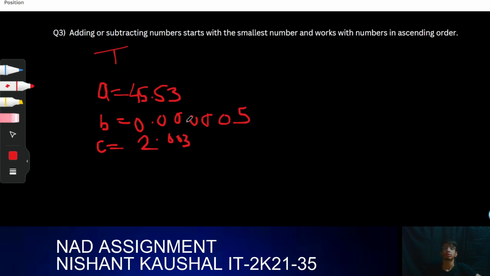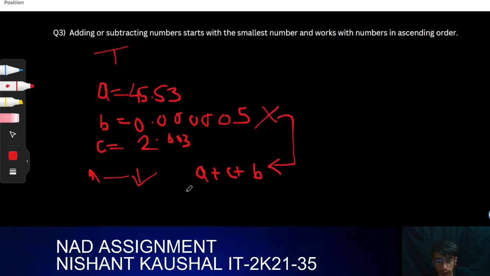Right? So if we start adding numbers in the order of biggest to smallest, then we should perform this like A plus C plus B. But in this case, the user can neglect this number and it could cause an error in our answer.